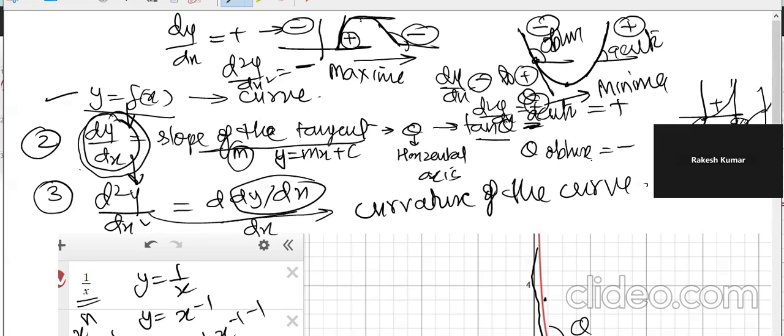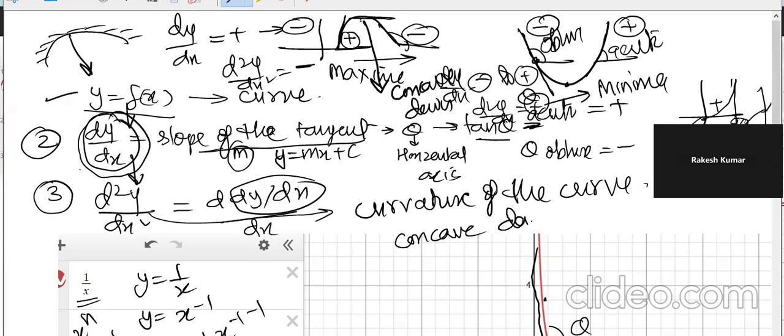Right now, I'm just telling you that if it is concave down, like a concave lens in physics, then d square y by dx square is negative. The second order derivative is negative.